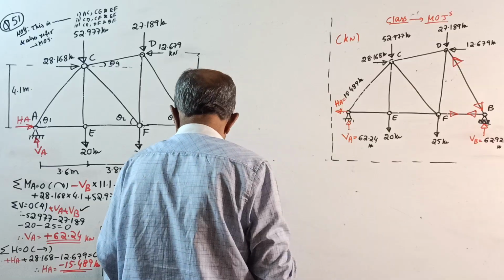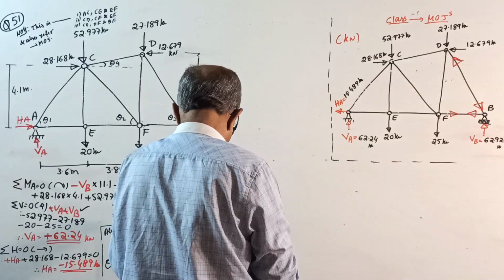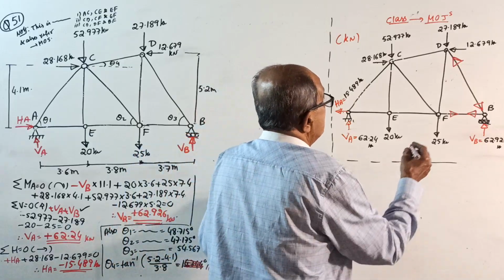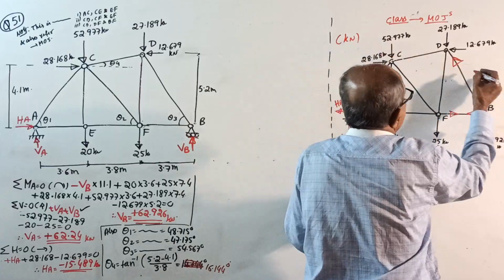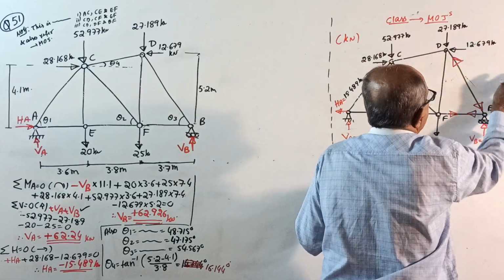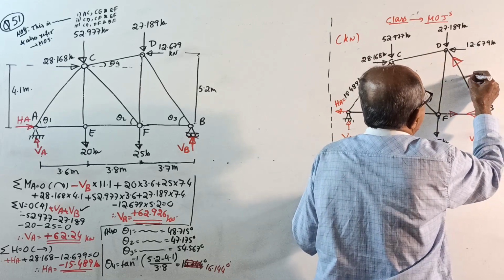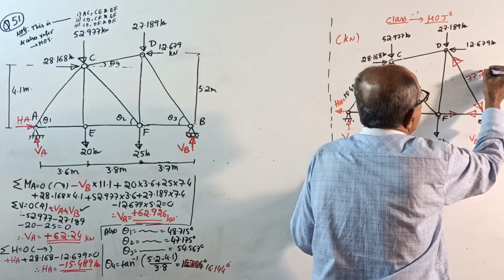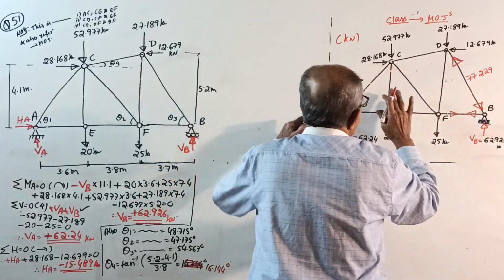At this joint, 54.567, 77.229, all in kilonewton, 77. See, I can do it fast, provided I want a big sketch here.